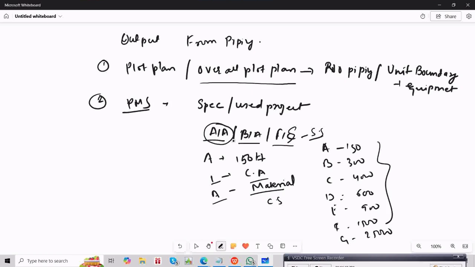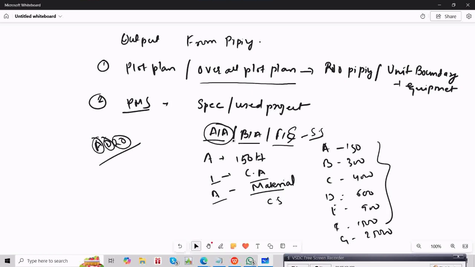In my project, I have a spec called AD20, something like that. Every alphabet has its own meaning, so every project has its own nomenclature and naming philosophy.